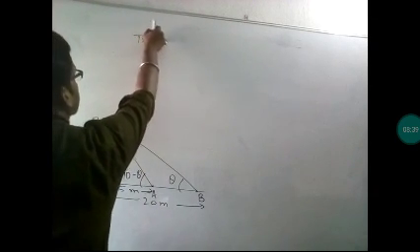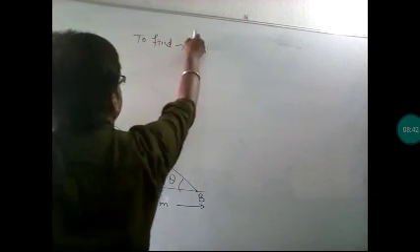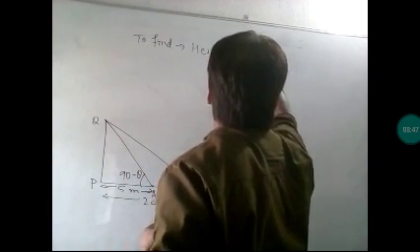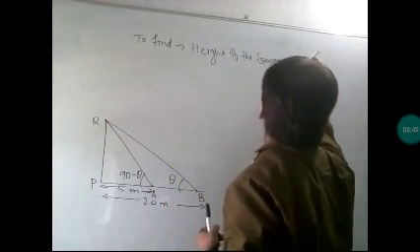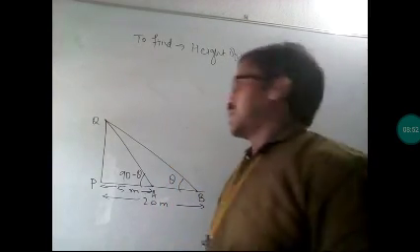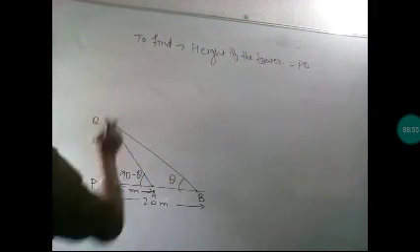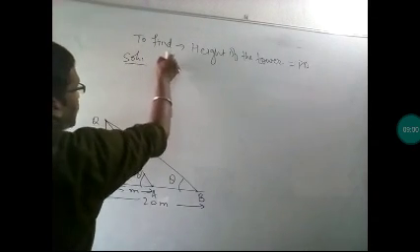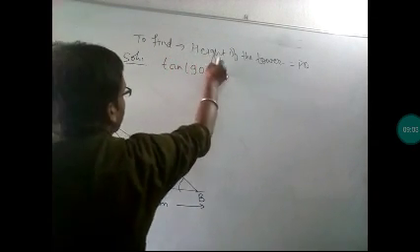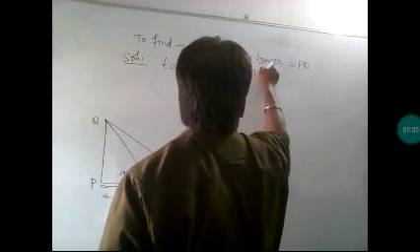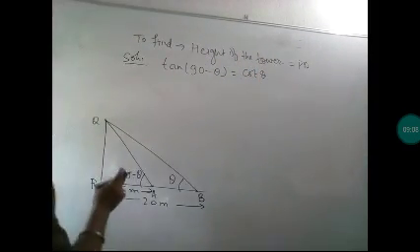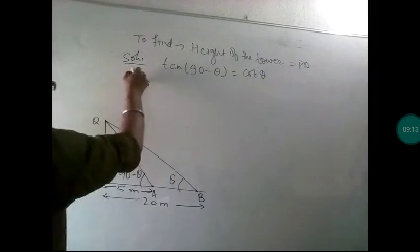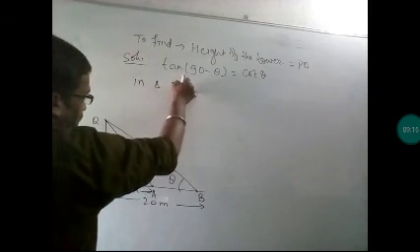We have to find the height of the tower, PQ, correct? So how can that be found? That can be found in these two triangles. First, in triangle PAQ. This lesson also we have understood: complementary angle relation, tan(90 minus theta) is equal to cot theta.